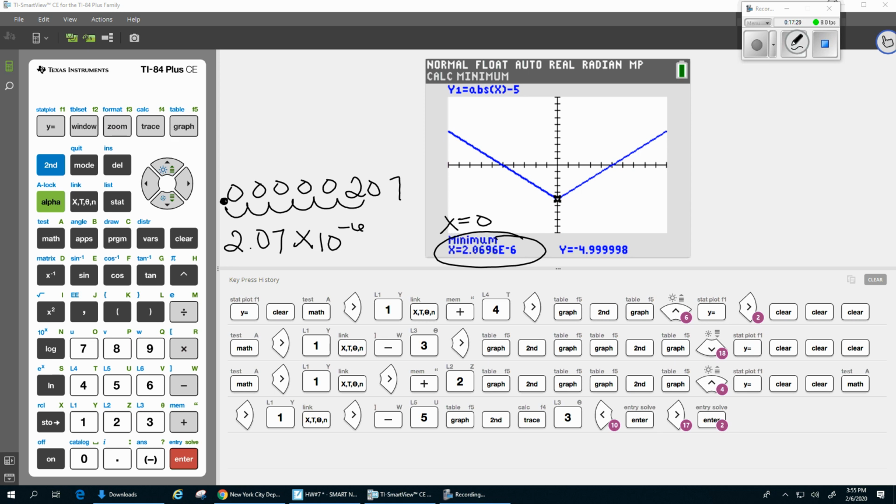Now, if you look at the y value, that rounds to what whole number? Y is equal to -5. So our vertex is the point 0, -5.